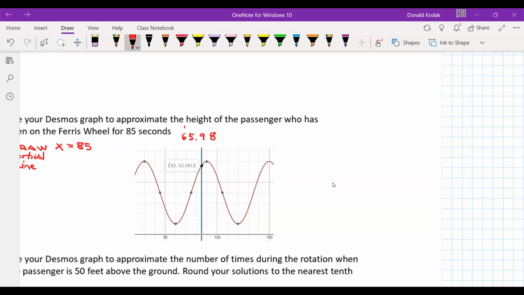This is 1, 2, 3. So the 8 makes that 9 a 10, which makes that 5 a 6. So I would say approximately 66 feet.